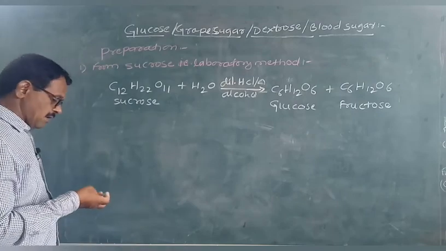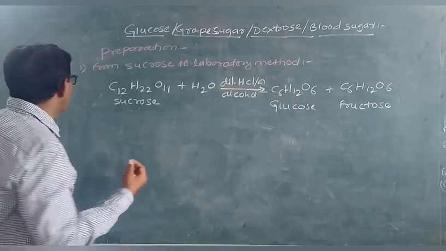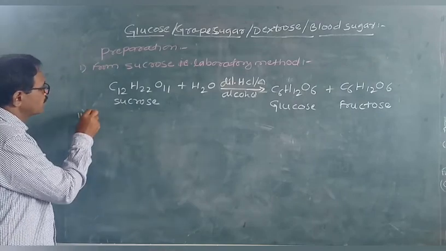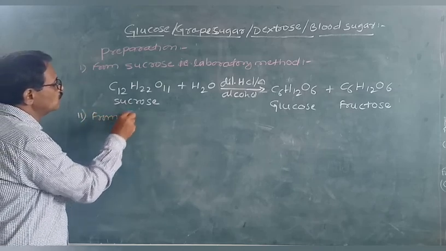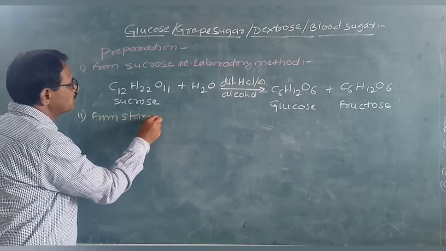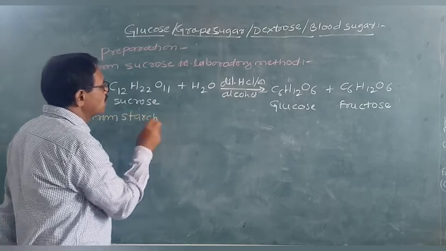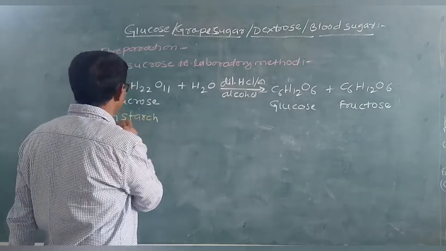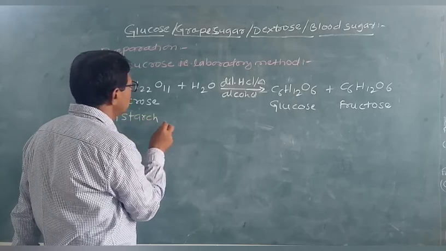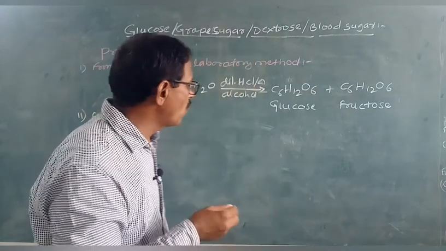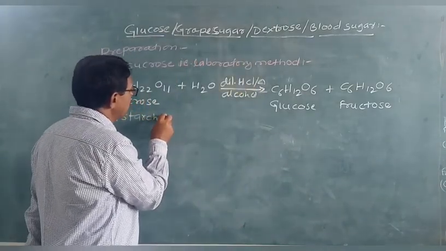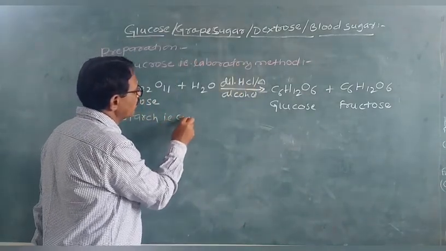On a large scale, glucose is prepared by the second method, from starch. Preparation of glucose from starch: we can manufacture glucose from starch, and it is nothing but a commercial method, or industrial method.